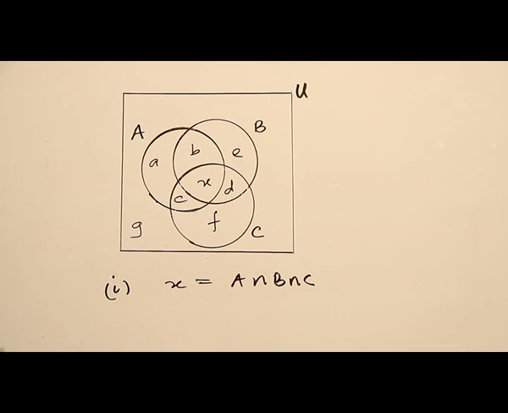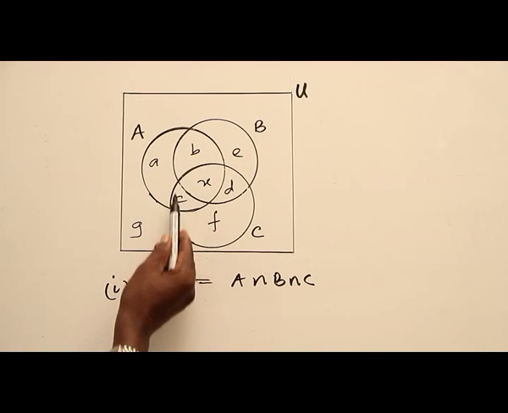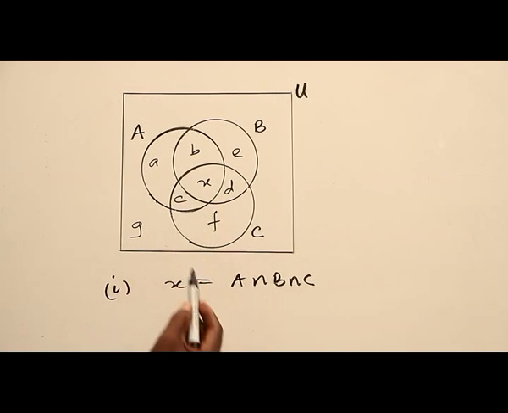We want to look at each of the compartments and define them in terms of set notation. So the first one, S, is the point where all the sets have common elements, and this is represented set-wise as A intersection B intersection C.